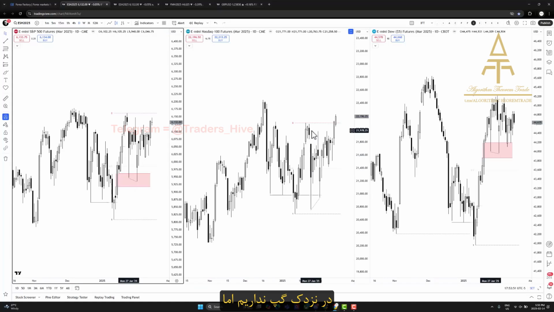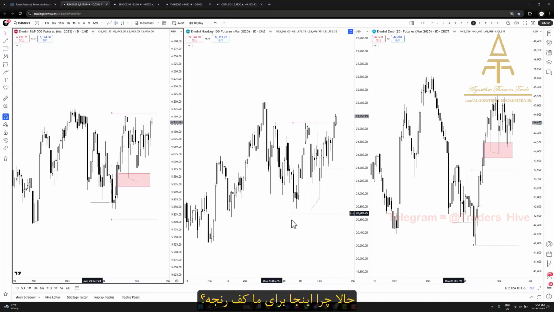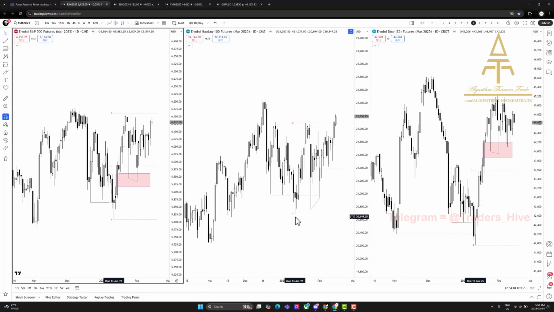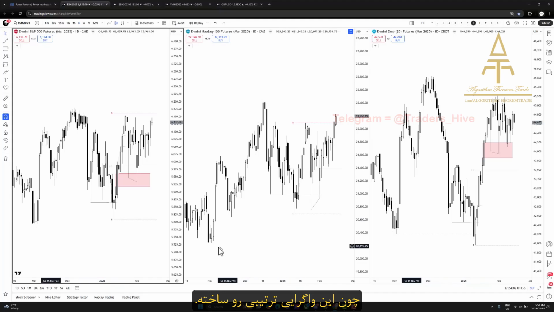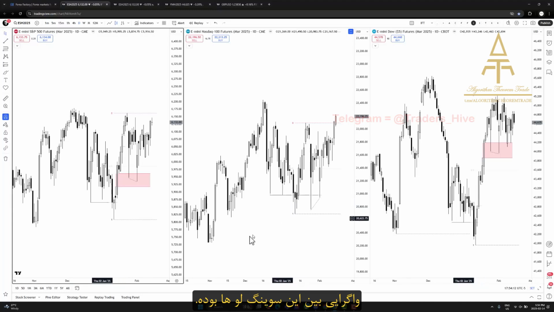Here, there was no gap for NASDAQ, but we did see SMT occur below the 50% of this range right here. And the main reason why this is the low for our range is why? Due to the fact that this is the low that gave birth to the sequential SMT, right? This is a swing low, whereas this was a lower low.